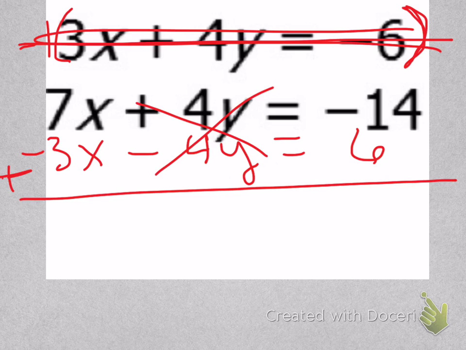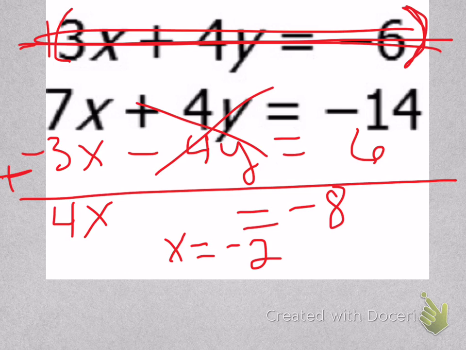Okay, so now my y's can cancel out. So 7x minus 3x is 4x. And negative 14 plus 6 is negative 8. So x equals negative 2. Once again, you plug into one of the equations to get your other value. So let's plug in negative 2 for x.